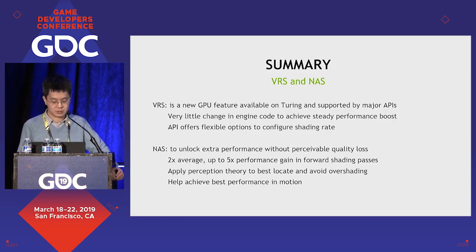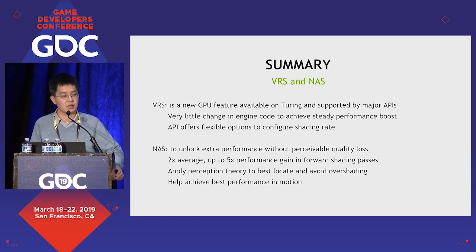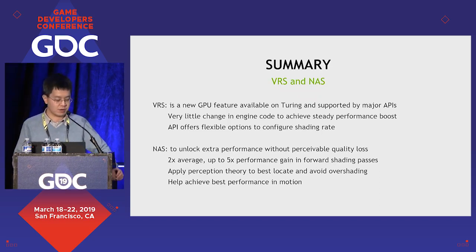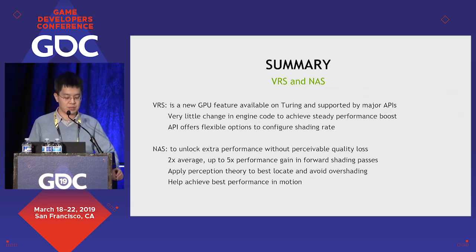We also proposed NAS to unlock extra performance without perceivable quality loss. It provides 2x and up to 5x performance gain on forward shading passes. It applies a perception theory to best locate and avoid overshading. And it also helps achieve the best performance in motion, where it used to be problematic.